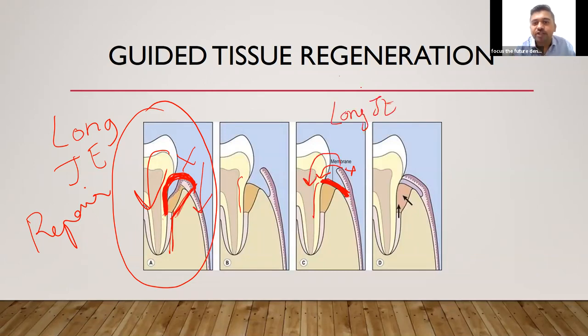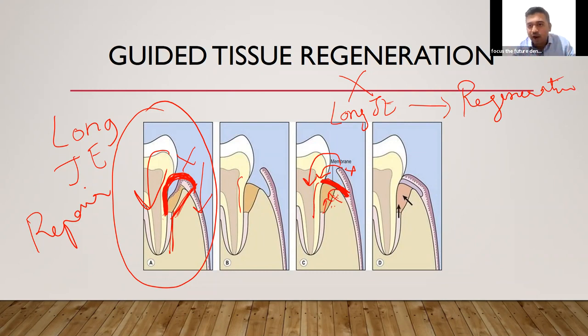So now you're guiding the remaining tissues, that is cells from the periodontal ligament and from the bone, to occupy the wound site and form the cells required to form new periodontal ligament, new cementum, and new alveolar bone, resulting in regeneration. Okay, that is the function of GTR.